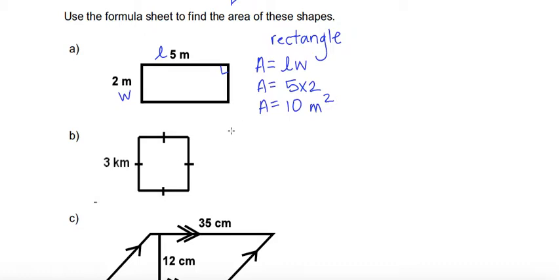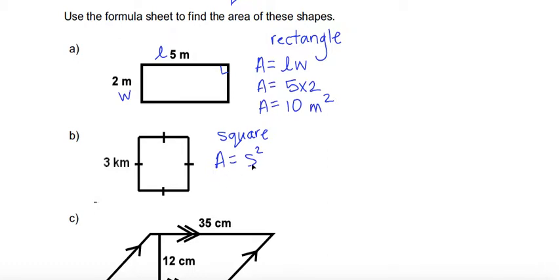Looking at the next example, this is a square. I know it's a square because all of my sides are the same measurement as represented by these lines that go through our sides. So the area of a square, we can use the same formula for a rectangle if we want to, or you might see the area of a square as s squared, where s represents the length of a side.